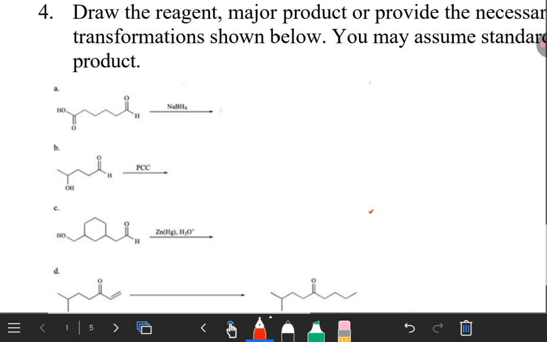So we can count the number of carbons. So we have 1, 2, 3, 4, 5, 6. Then here we have OH.